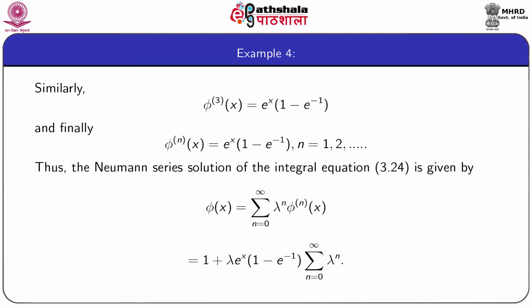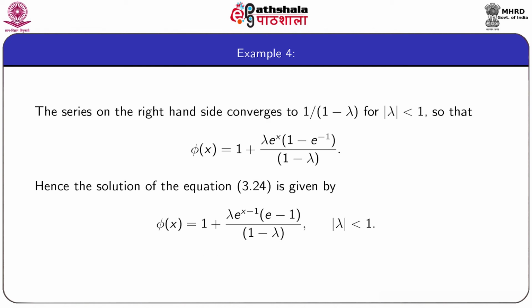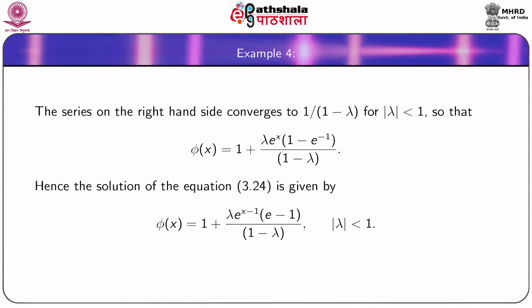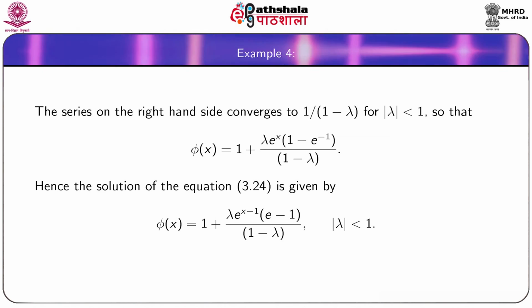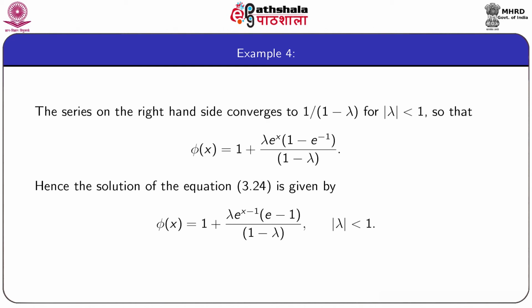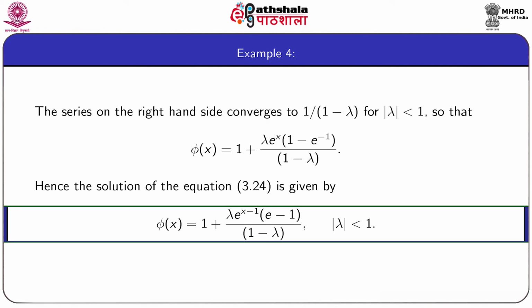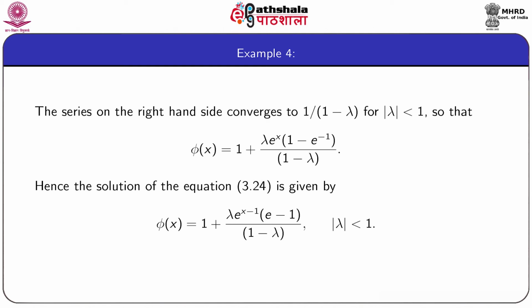Now this summation converges to the value 1/(1 − λ) for |λ| less than 1, so that φ(x) becomes equal to 1 plus λ e^x (1 − e⁻¹) divided by 1 − λ, which can be further simplified to obtain the solution of the given integral equation as φ(x) equal to 1 plus λ e^(x−1)(e − 1) divided by 1 − λ, and this solution is valid for |λ| less than 1.